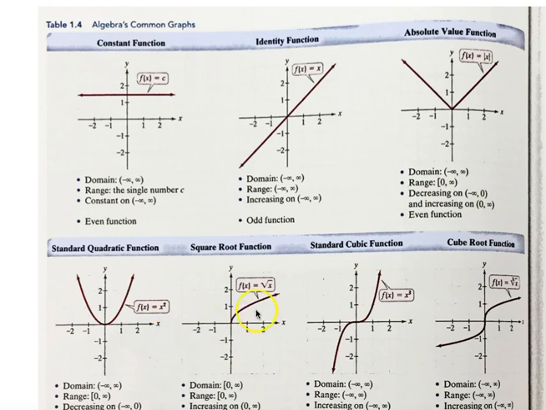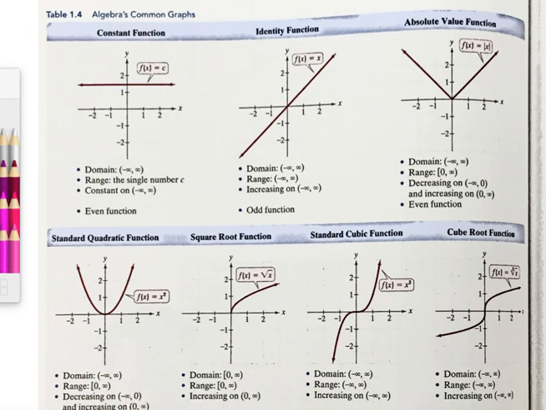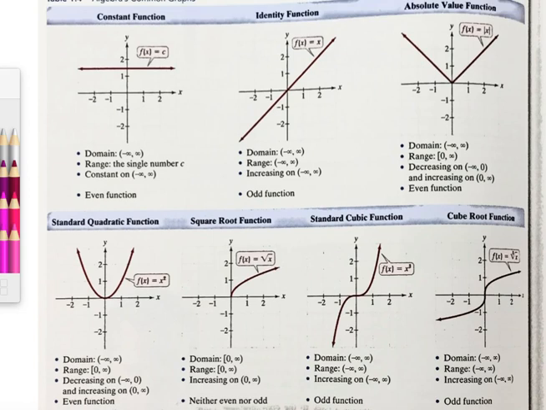So first thing, if you look at your text, this is table 1.4, but it's in section 1-6 with the transformations. Here are all of the parent functions that you are going to be expected to be able to transform. These are all types of functions that you learned in Algebra 2, and these are the ones that we're looking at right now.